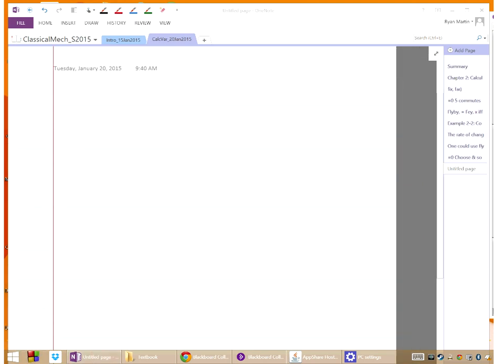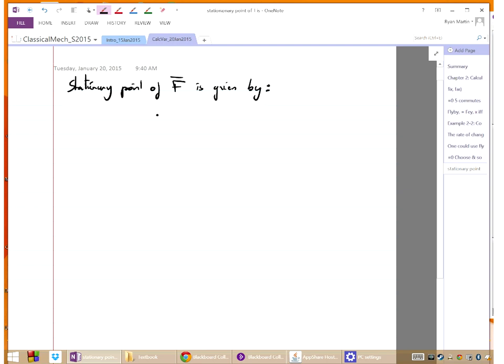So to find this point, the stationary point of F bar is given by the n equations that are ∂F bar/∂qi equals 0.